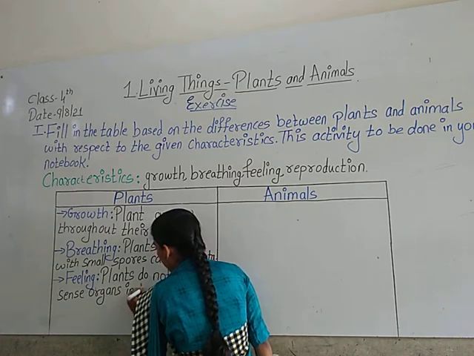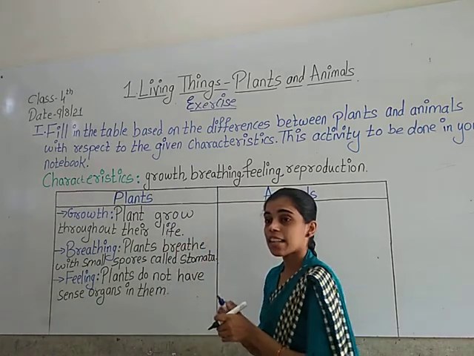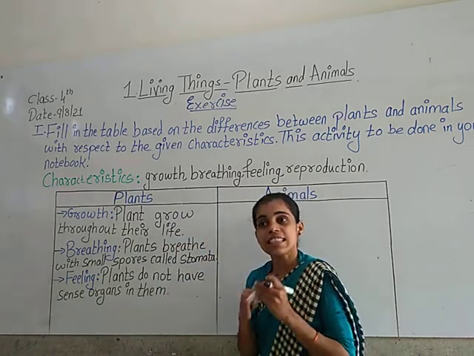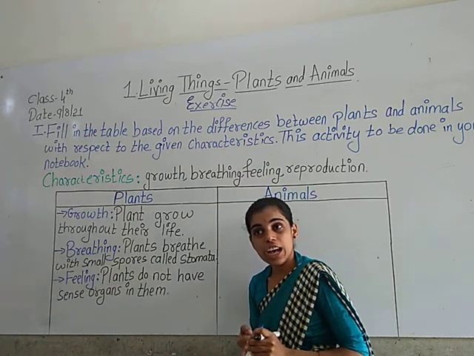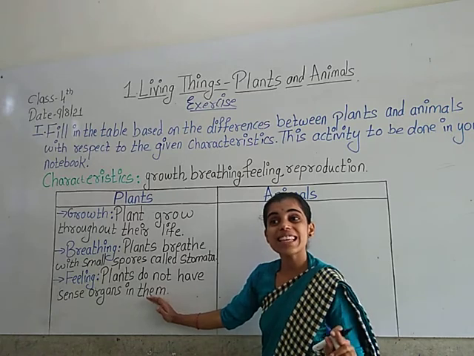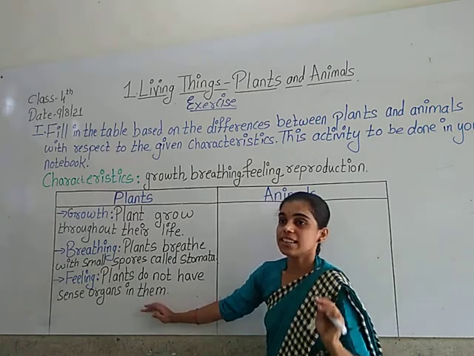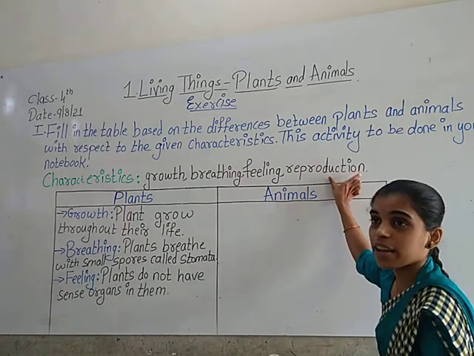So in the plant, we cannot see the different sense organs like skin, nose and tongue. This type of sense organs are not present in the plants. Next one characteristic is reproduction.